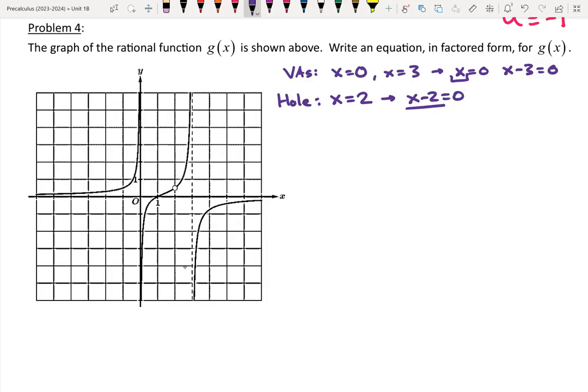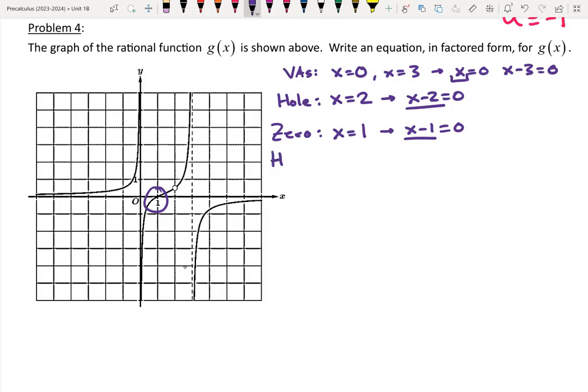We have vertical asymptotes, we have our hole. I also see an x-intercept, that's important. A 0 at x equals 1, the point 1 comma 0, so that's going to give us the factor x minus 1 equal to 0.